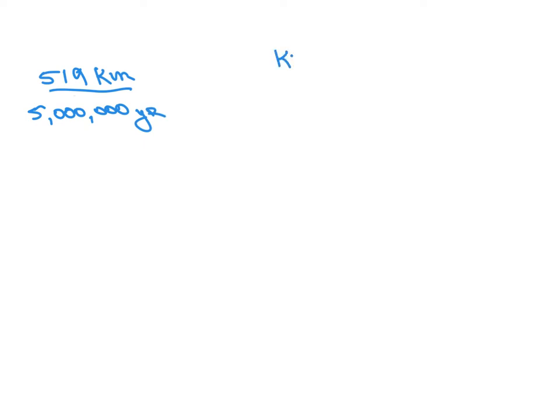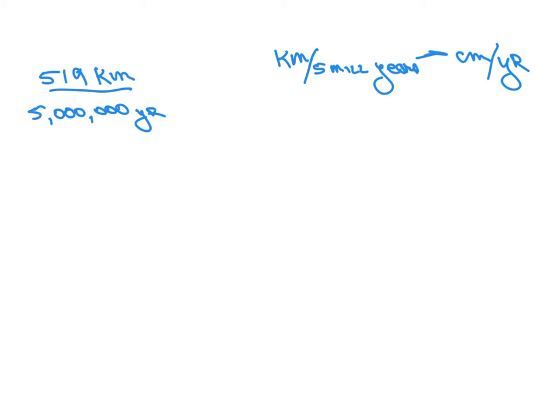We're going from kilometers per 5 million years to centimeters per year. So we've got a couple different things that we're looking at changing. We're looking at changing kilometers to centimeters and 5 million years to 1 million year.